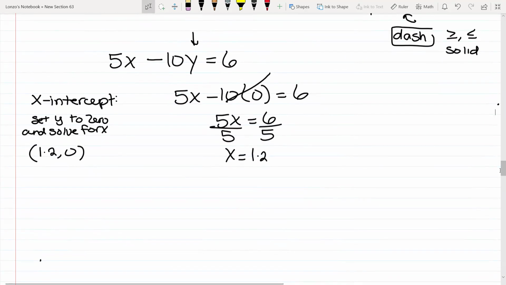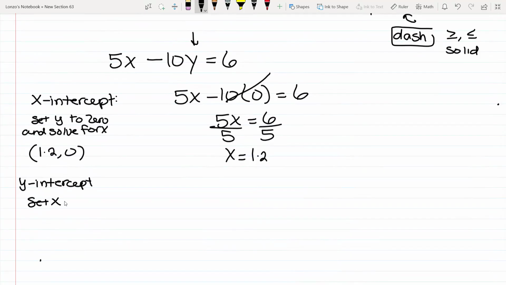Now what we're going to do is find the y-intercept. So how do you find the y-intercept for any graph? It's the opposite: set x to 0 and solve for y. That's it. So go back here. Set 0 for x.